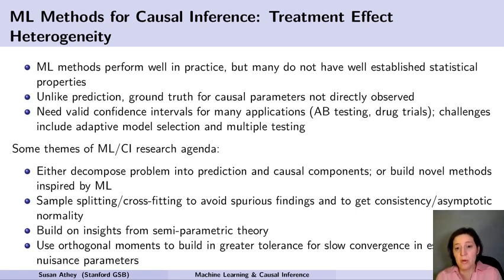An alternative approach is to build novel methods that are inspired by ML, but that are actually tailored and fundamentally changed for the causal inference setting. Personally, I've done both of these things, and I think they both have their place. It's a lot of work to keep updating machine learning methods that are tailored to causal inference to make use of the latest and greatest computational techniques and so on.